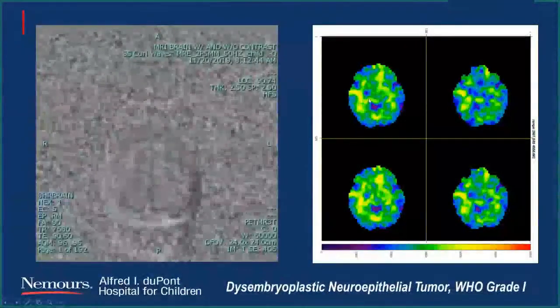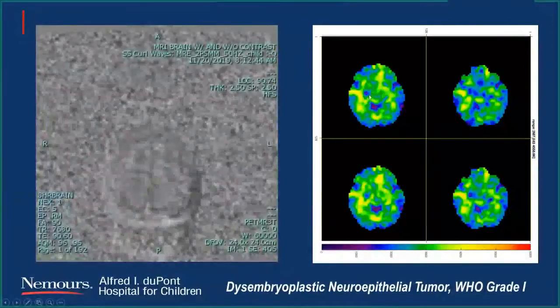These images are flipped right to left. So this blue area which we are seeing in the anterior and medial temporal lobe represents this tumor. And as you can see, this tumor has decreased stiffness as compared to the surrounding white matter.